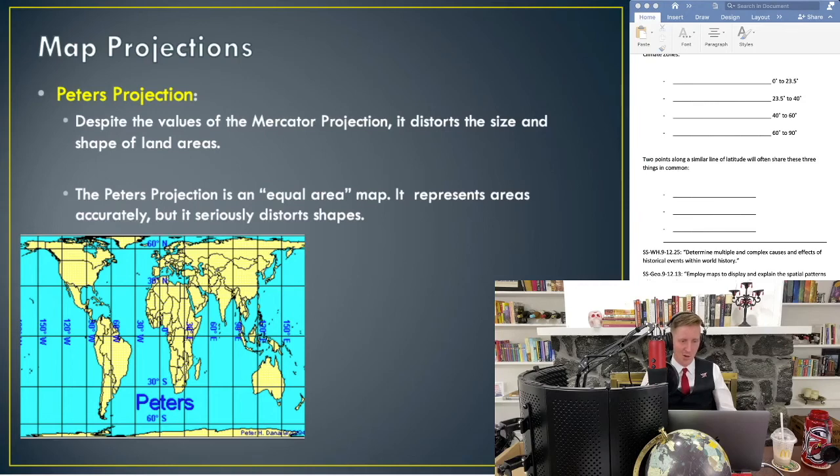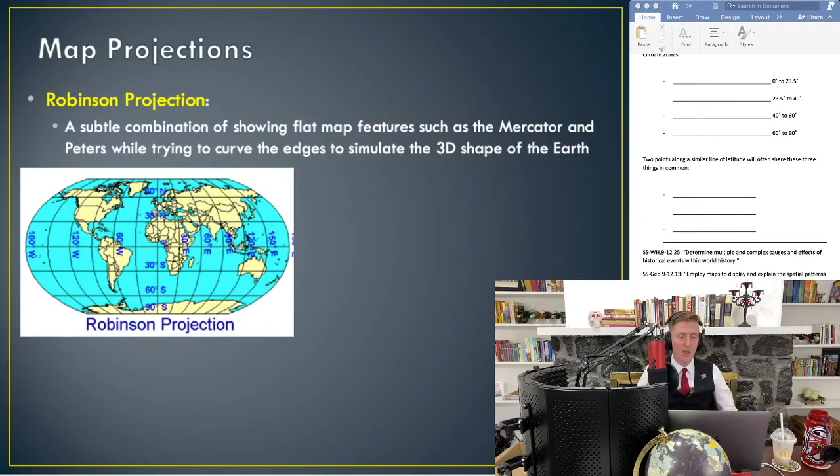As you can see how scrunched countries like Russia and Canada are, while places like South America and Africa, who are on the equator, really kind of get elongated. So you have a better idea of size, just the shape is wrong. The next projection, the Robinson, kind of tries to combine the two, a marriage of the Mercator and a Gall-Peters.